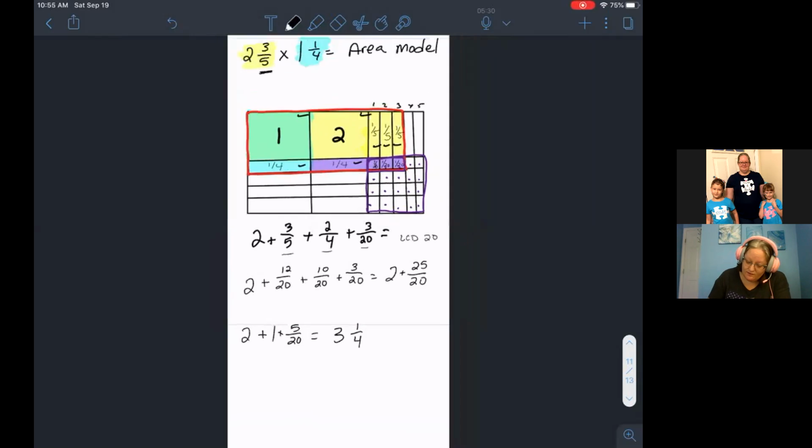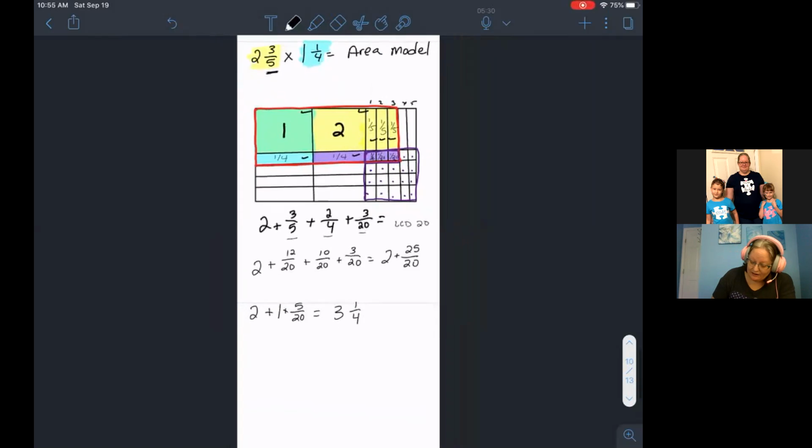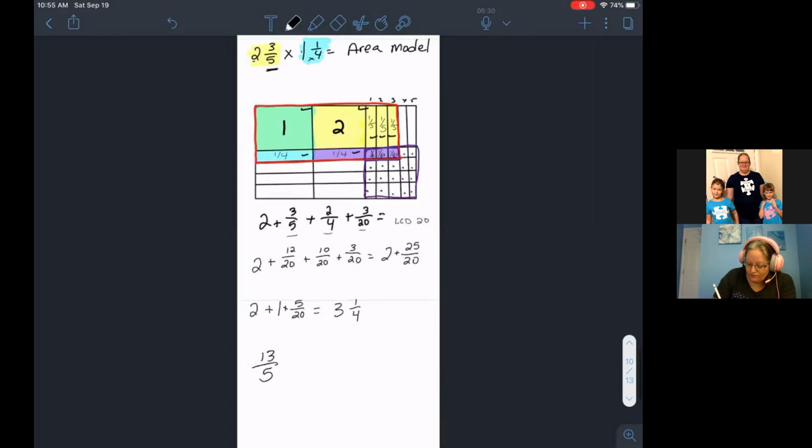So we can see if we got it right if we just multiply it out using improper fractions. So 5 times 2 is 10, plus 3 is 13/5. Then we've got 4 times 1 is 4, plus 1 is 5, so 5/4. So then we would just multiply straight across. 13 times 5, we've got 65.